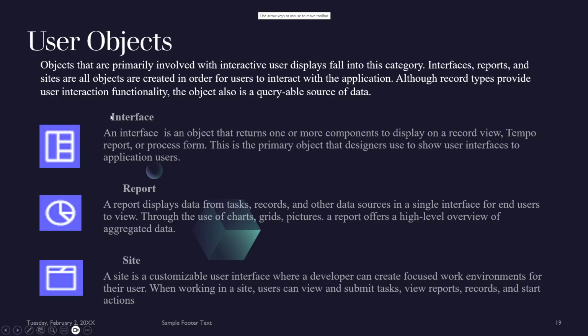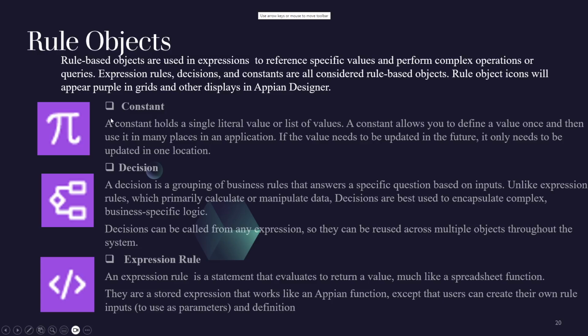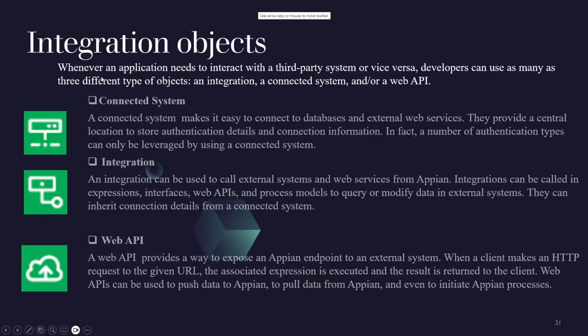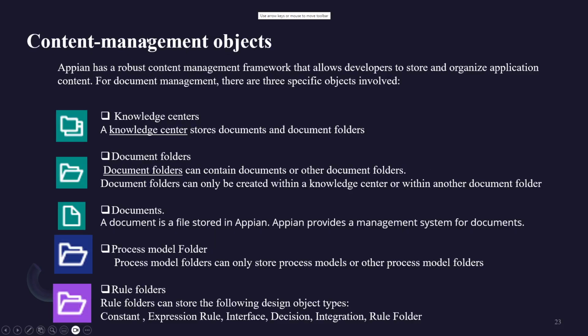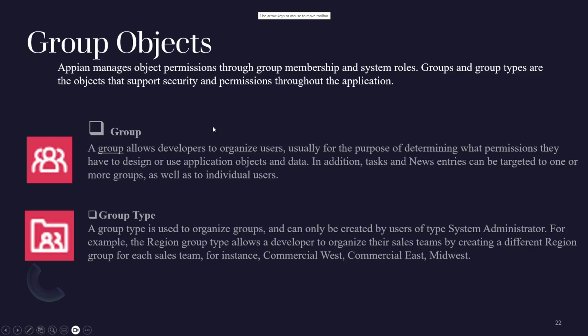We're going to go through each design object, role objects, integration objects, group objects, and the content management object. The content management object is kind of like a folder or something, right? Whatever we covered when we create an application. It's automatically generated. But we're going to go through what the specific object is, and what the advantage or specific functionality is for that specific design object.